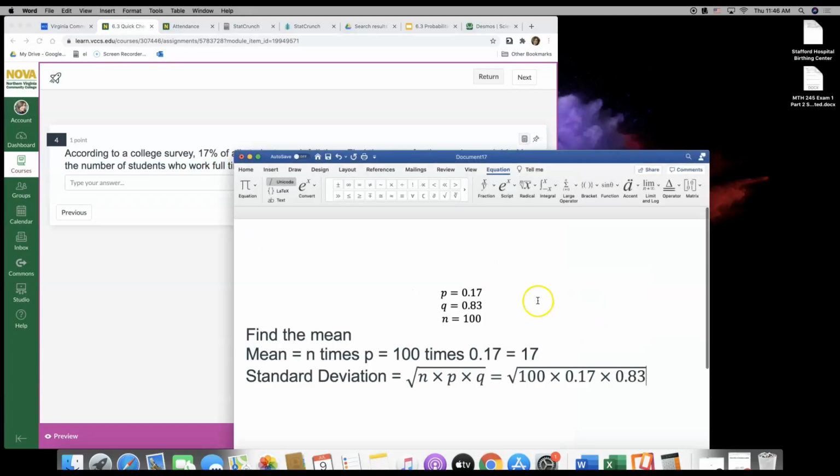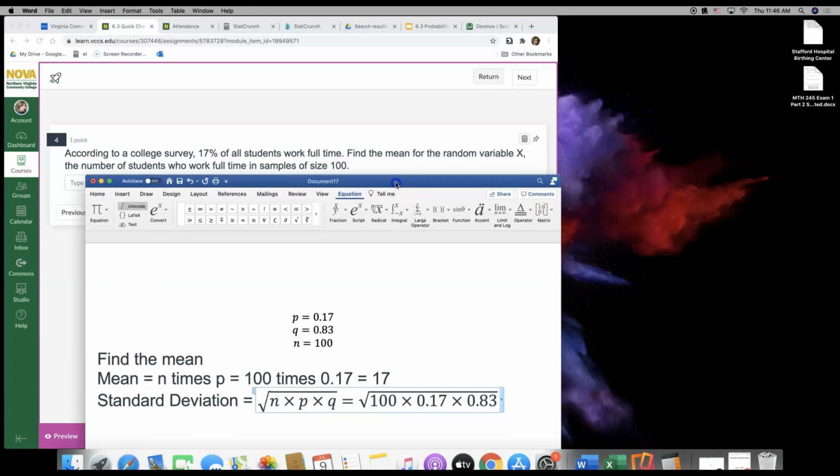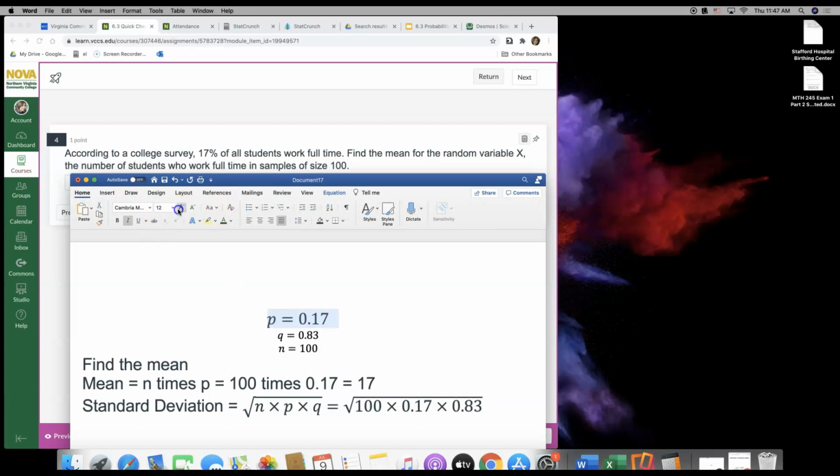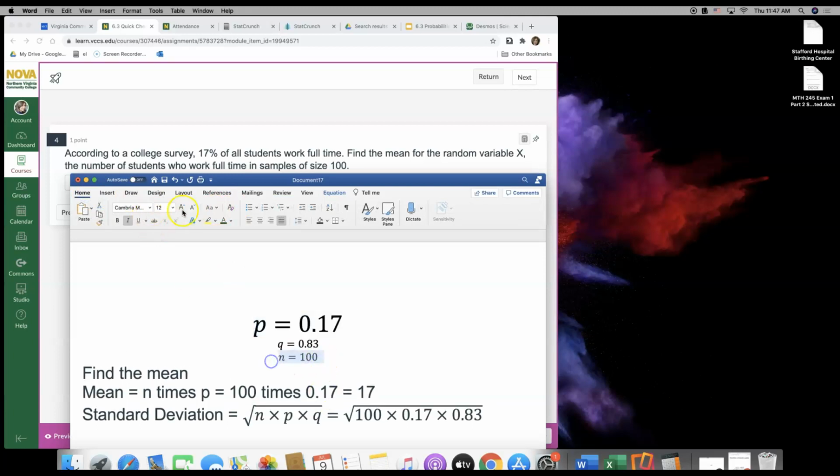Now remember, I think we went over this one in class together after I stopped recording, but I have the notes taken over here.